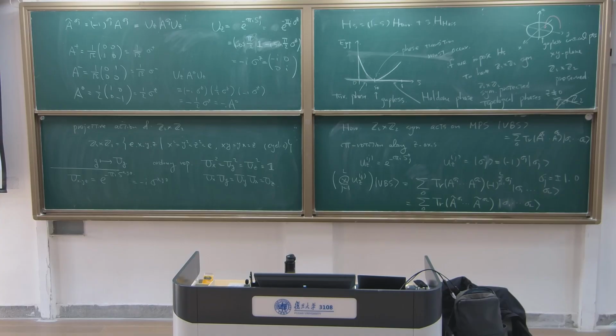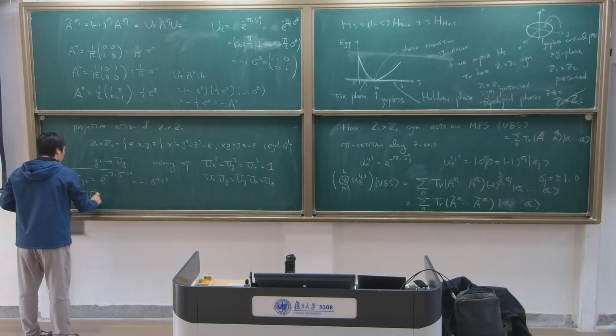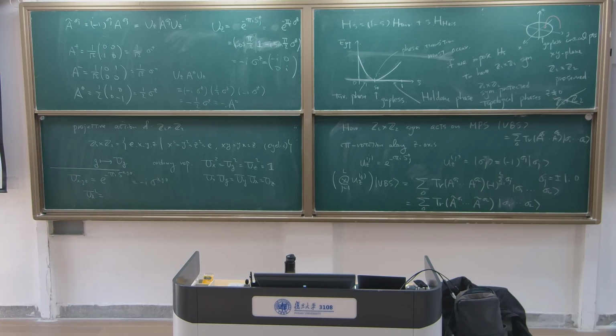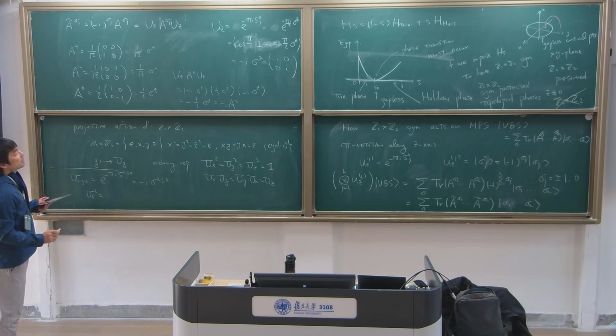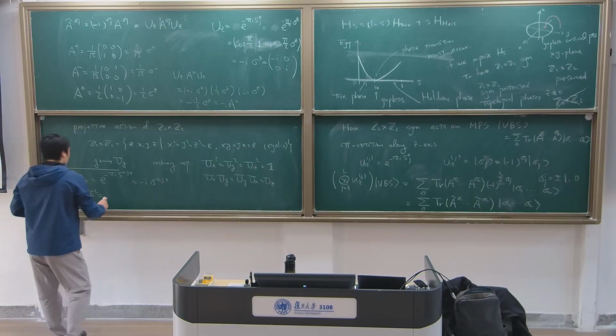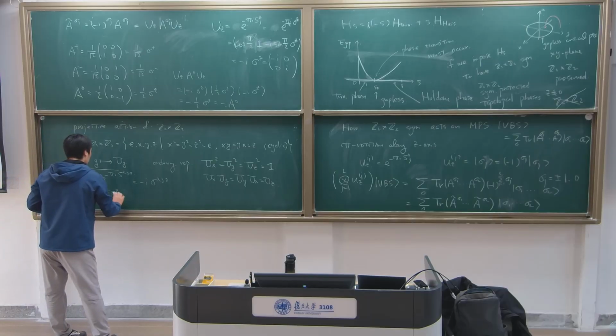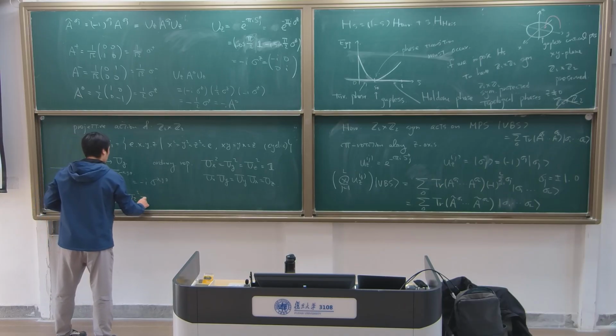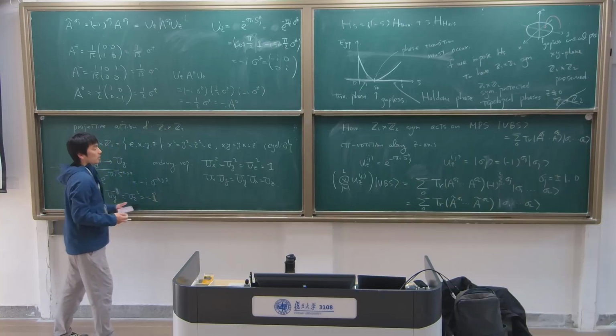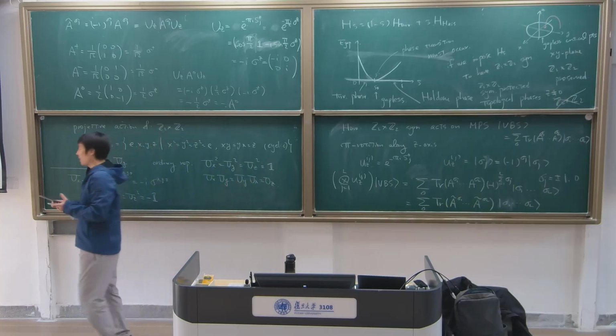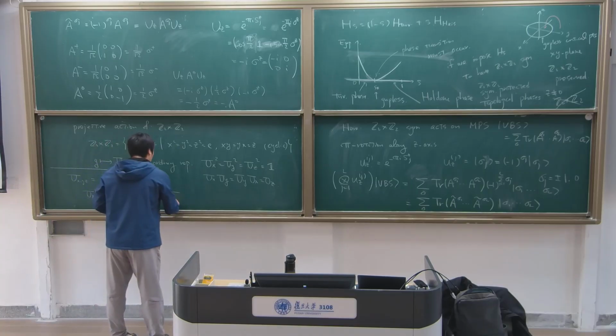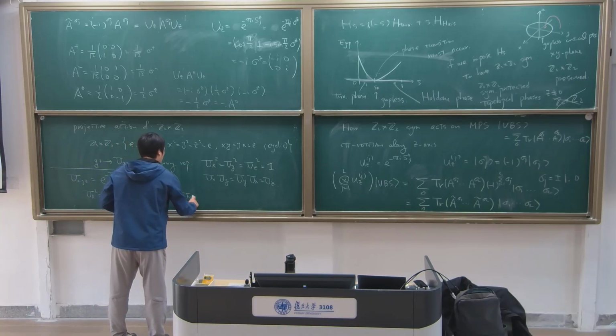What you get is always like this, with a minus i. Then you can easily see that Ux squared is equal to what? Minus 1. It's not 1, you get the minus. And then Ux times Uy is equal to Uz.